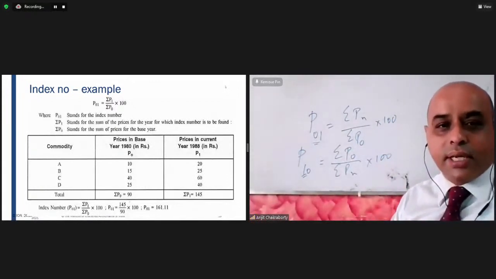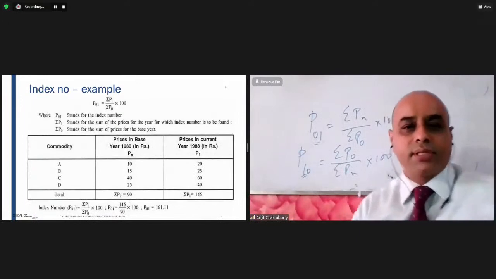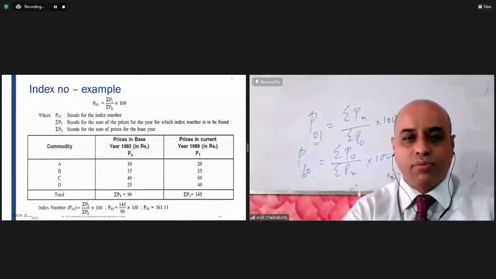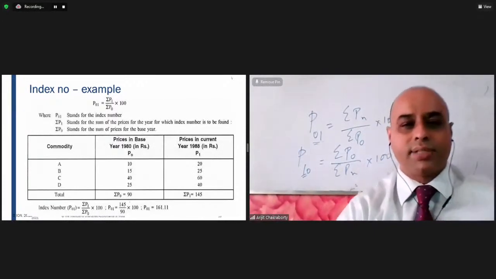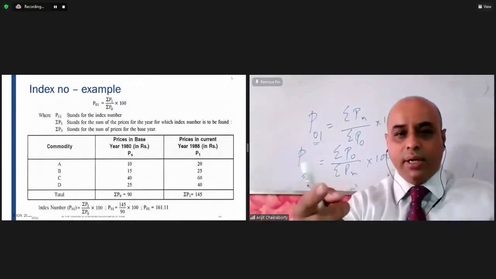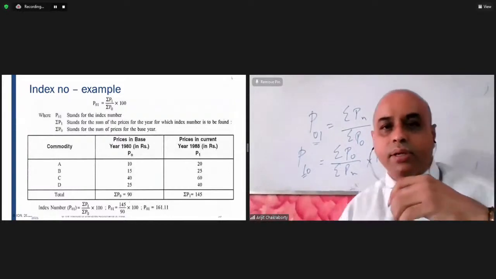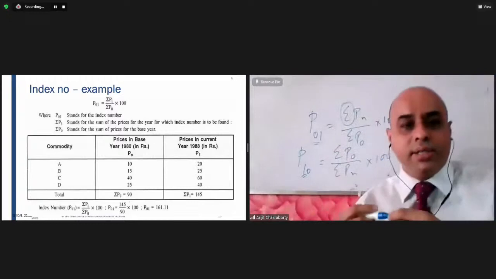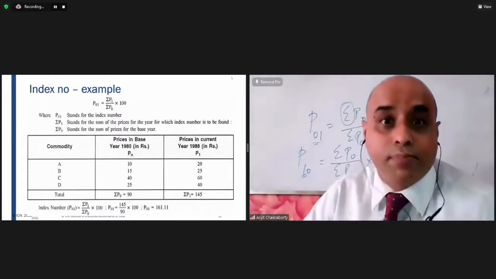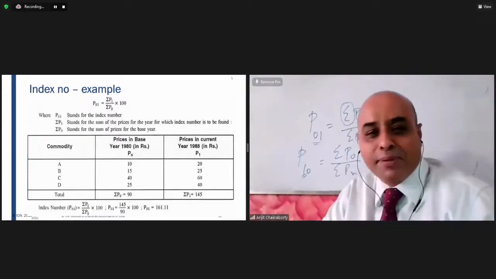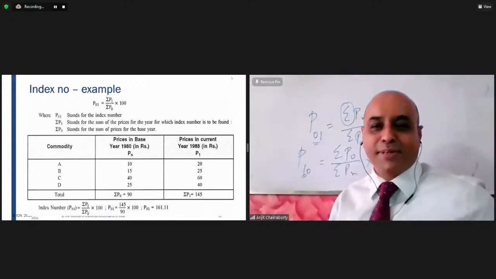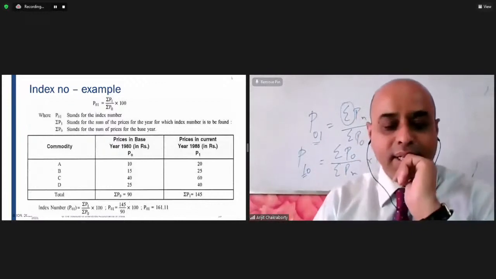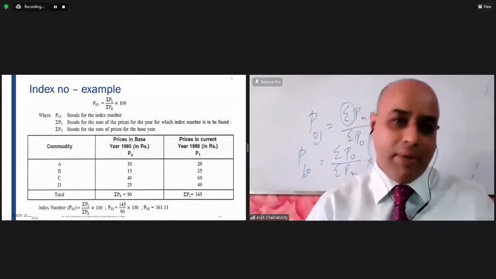Here you can see sigma P1 stands for the sum of the prices for the year for which the index number is to be found, and sigma P0 stands for the sum of the prices for the base year. We have taken 4 commodities so that you understand the importance of sigma. First, I took an easy example with the price of petrol, then the example of a box of chocolates. But now we take multiple products.